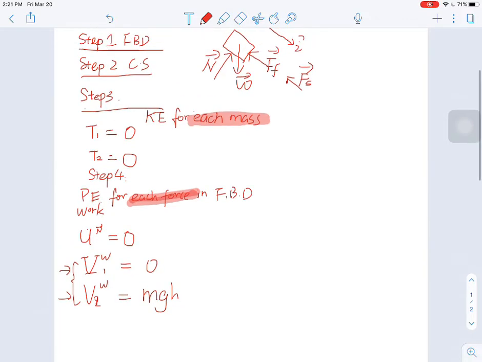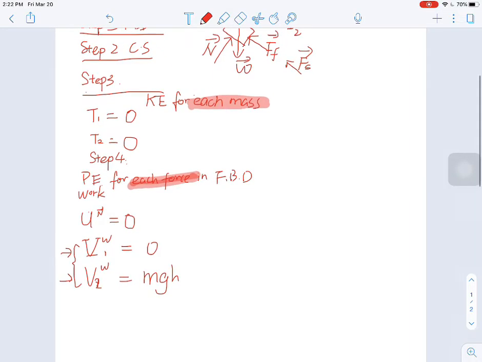And let's move on to the other forces on our free body diagram. Here we have FF, the friction force. Friction is a non-conservative force, so we cannot write it as a potential V1, V2. You have to write it as a work.